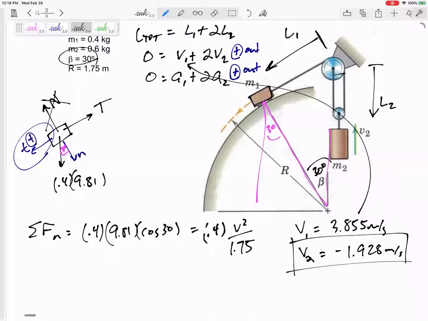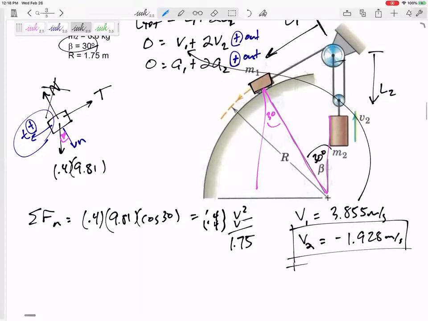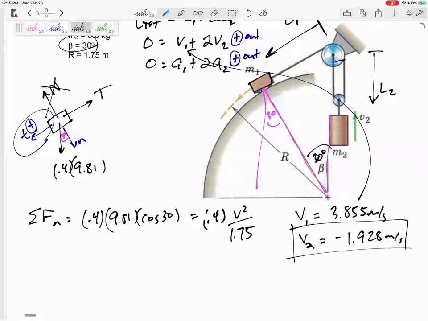The other question asks for the acceleration of block 2 and the tension in the cord. I could sum the forces tangential.